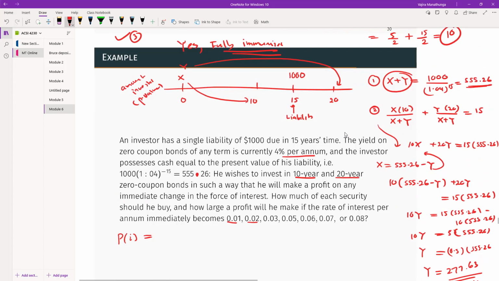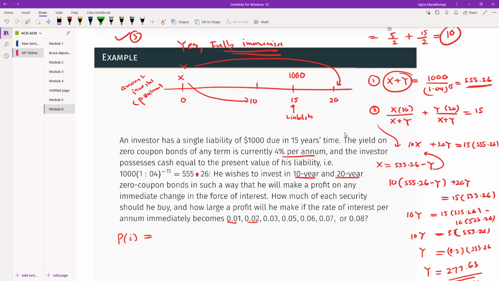So the price function today would be what? It would be X plus Y, that's the asset, minus... let me do this.